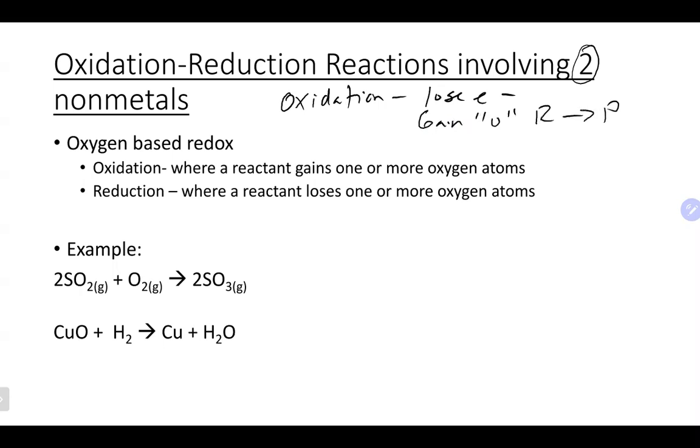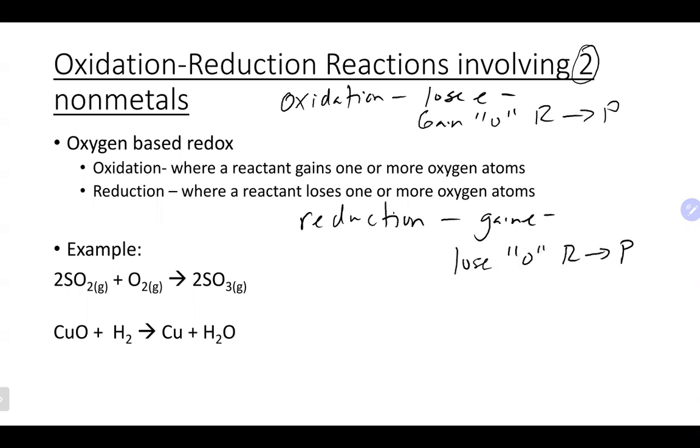Reduction, on the other hand, also in terms of oxygen, means pretty much the opposite. We gain electrons, and it is something that loses oxygen as you go from reactants to products.